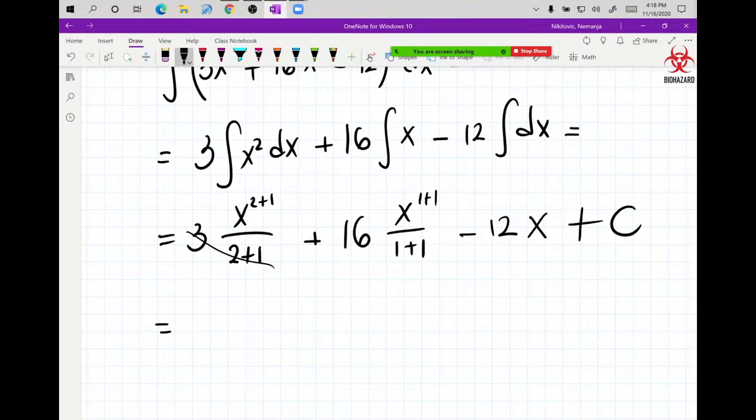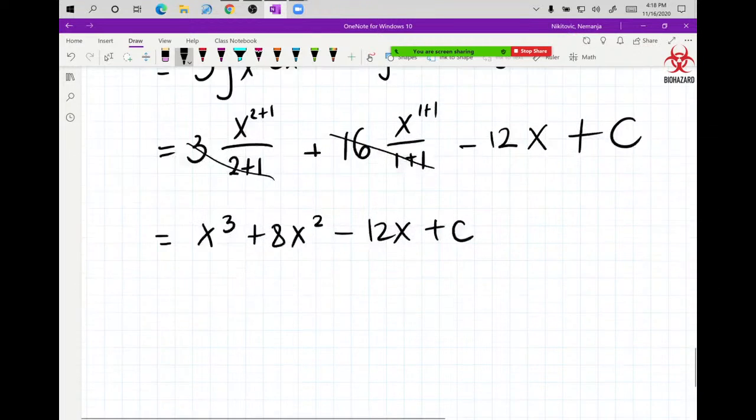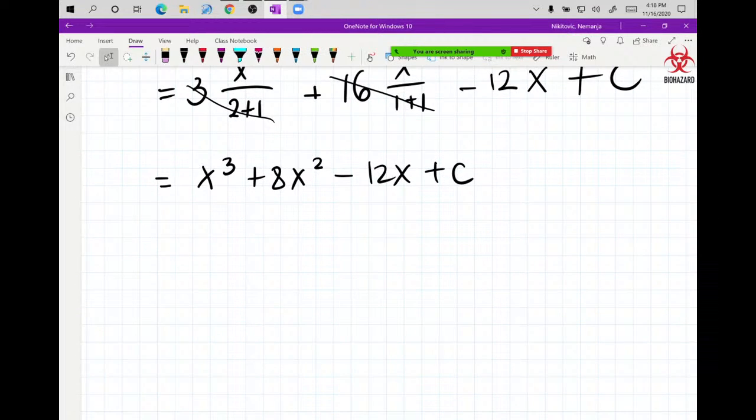So now 2 plus 1 is 3, that cancels. I have x cubed. Then this cancels down to 8x squared minus 12x plus C, and this is what we have as suggested as the answer in YouTube. Now, some of the confusion in the early days and years of calculus is why is integral of dx just equal to x plus C?